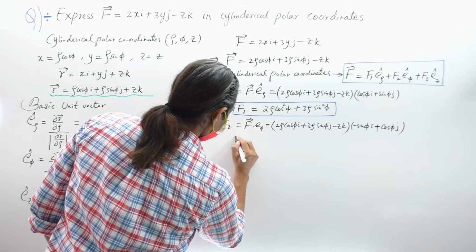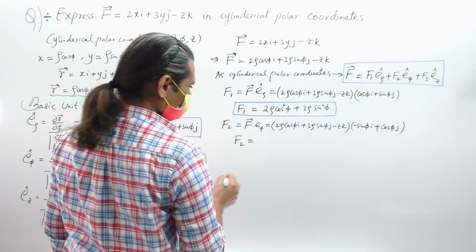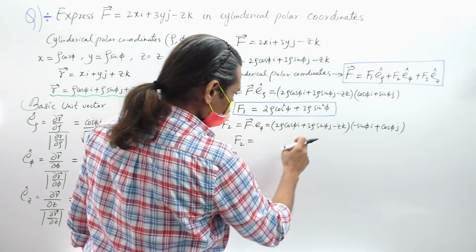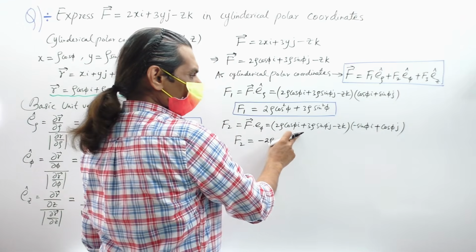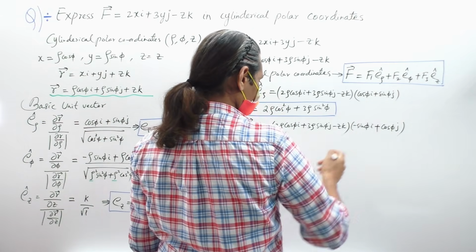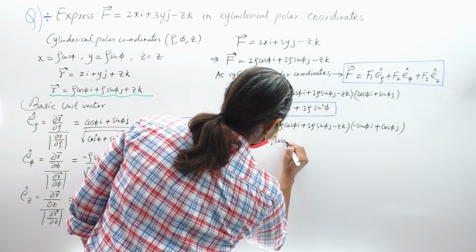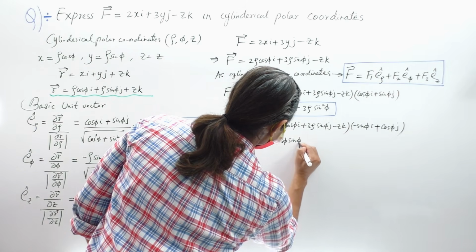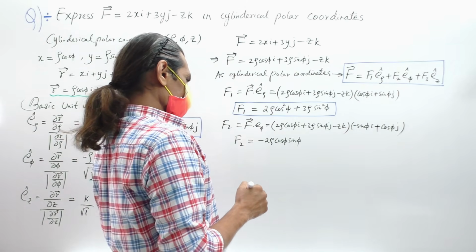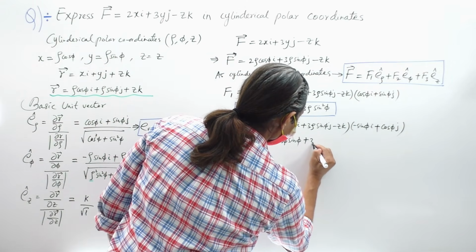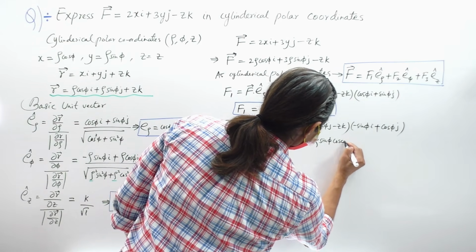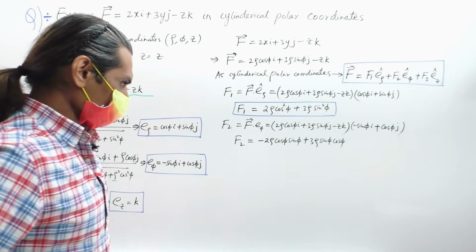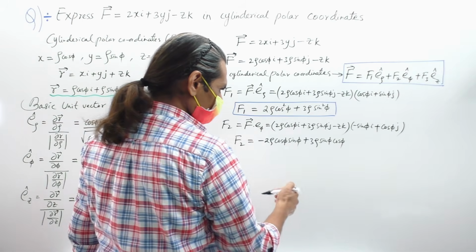That is F2 will be, again i·i is 1, so there is a minus sign here. Minus 2ρ cos φ multiplied by sin φ, i·i becomes 1, then 3ρ sin φ into cos φ, j·j is 1. And we can further simplify this.